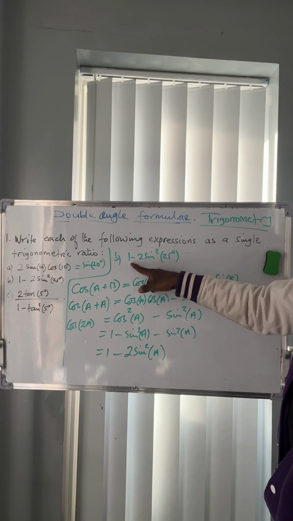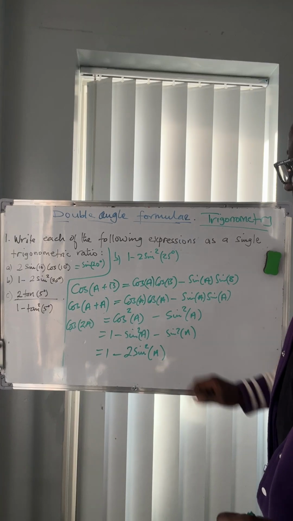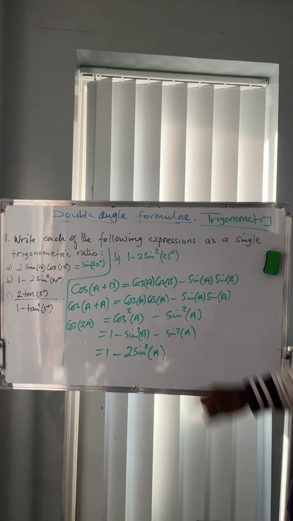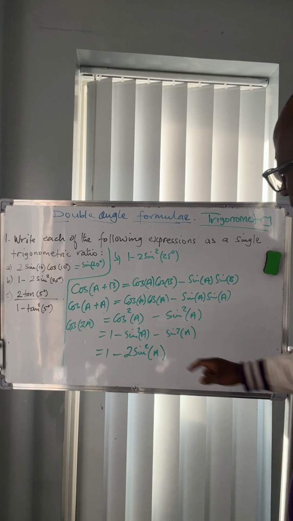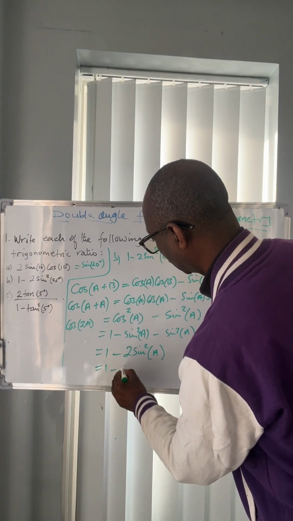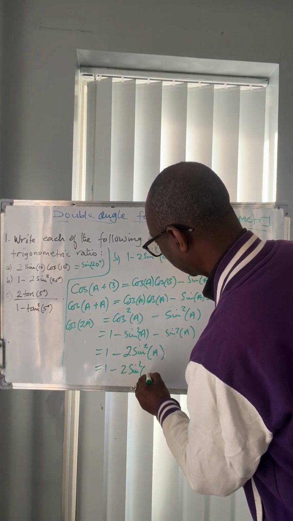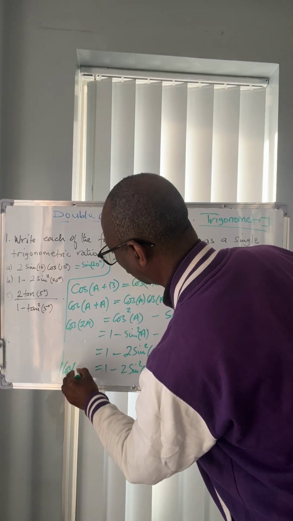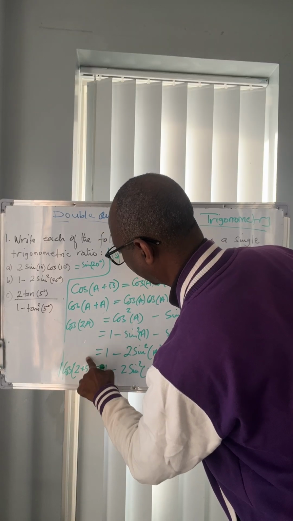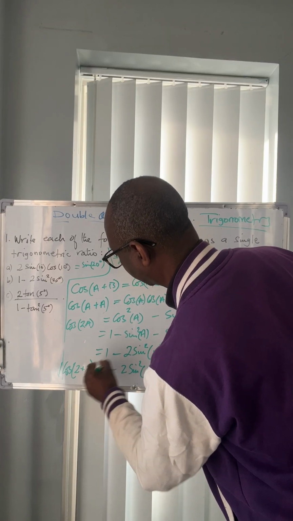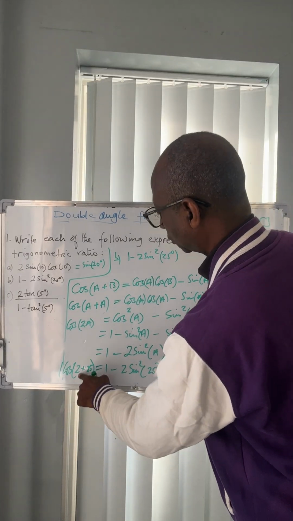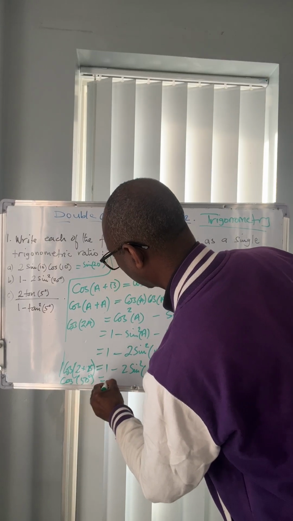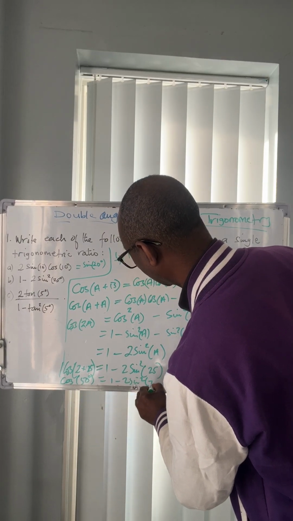You see that? 1 minus 2 sine squared A. Here A is 25, as given. So cosine of 2 times 25, which gives us the cosine of 50 degrees, equals 1 minus 2 sine square 25.